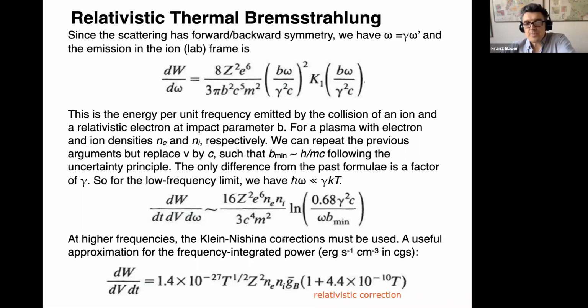At high frequencies, we would plug in the Klein-Nishina correction. And so this Klein-Nishina correction, if we plug all these in, we have this extra relativistic correction here. So this thing is our Gaunt factor again, but we have this extra velocity correction, which we can put in terms of temperature if this thing is in a thermal relativistic plasma.